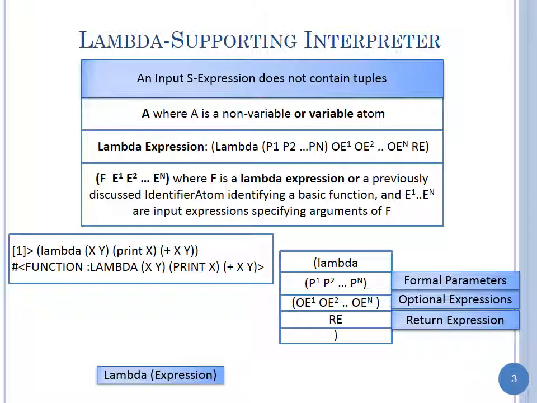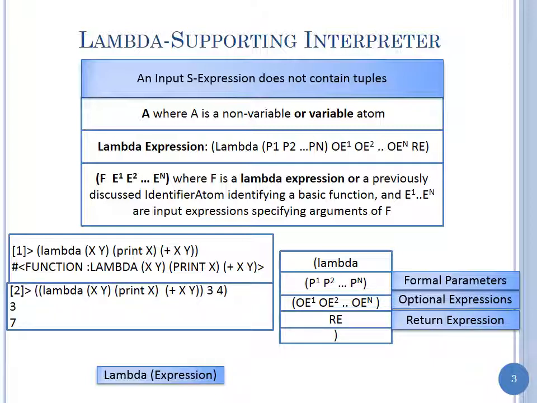So this F is now more complex. It's either a previously discussed identifier atom or it is a lambda expression. Okay, and here's an example. So the same lambda expression we had before, but that is enclosed now within another list, and it's the first item of that list, and the remaining items of the list happen to be the actual parameters or the arguments, as you might call it. Okay, so let's see the structure here.